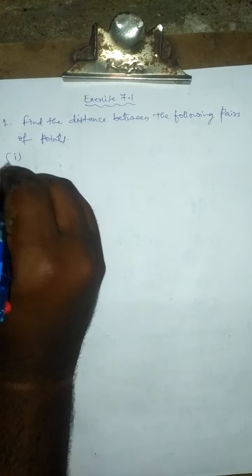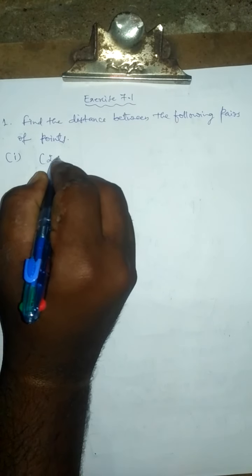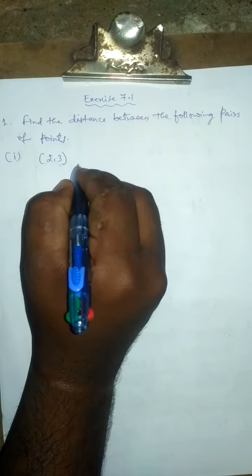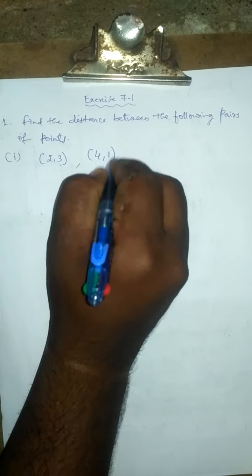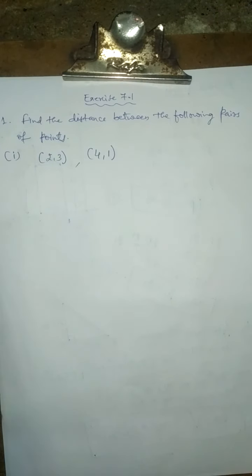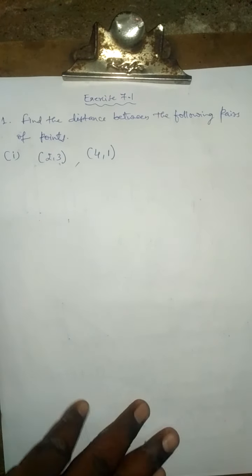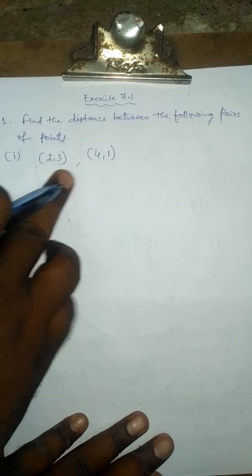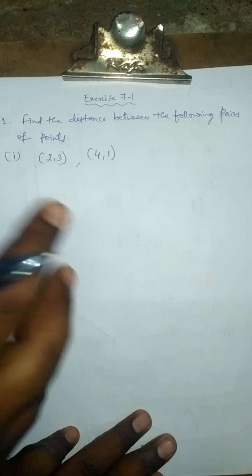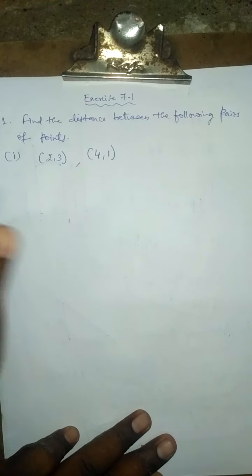So in this first problem, 2, 3 and second coordinate 4, 1. Here 2 coordinates are given. First coordinate is 2, 3 and second coordinate is 4, 1. By using these 2 coordinates, we have to find out the distance between them by using the distance formula.